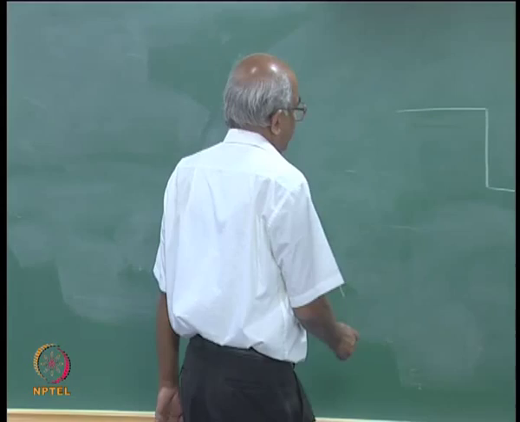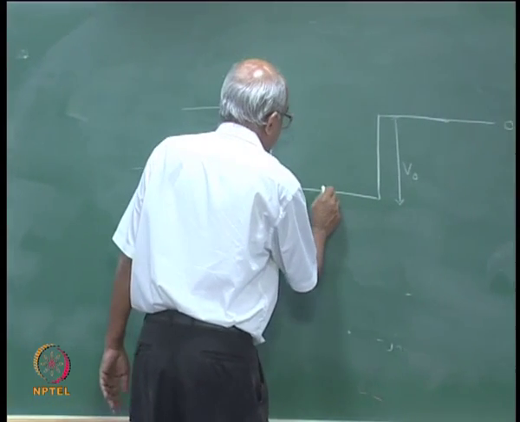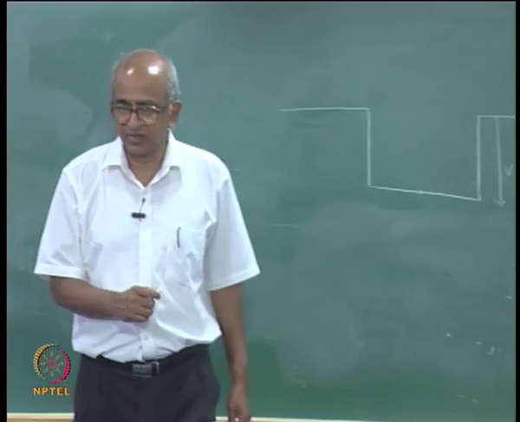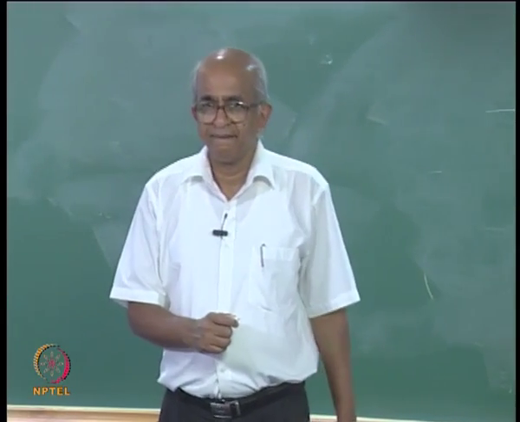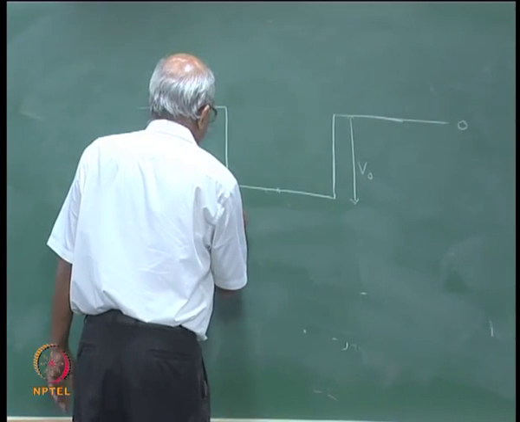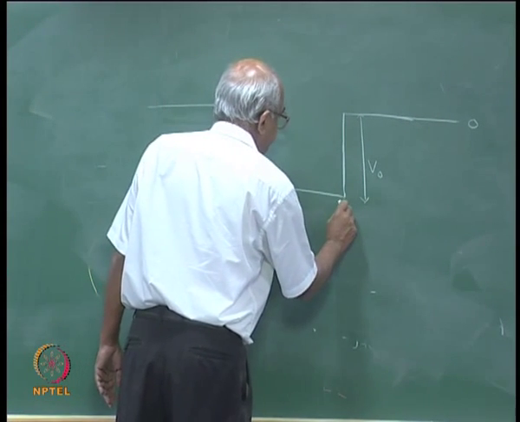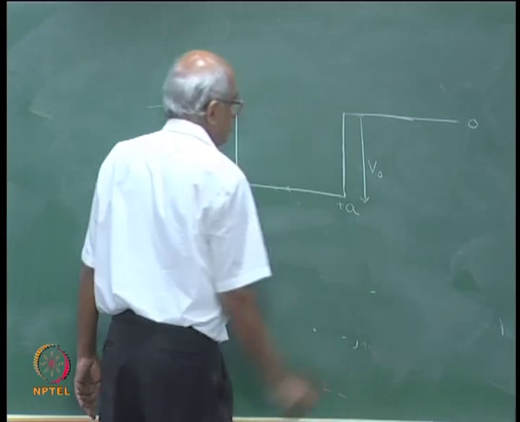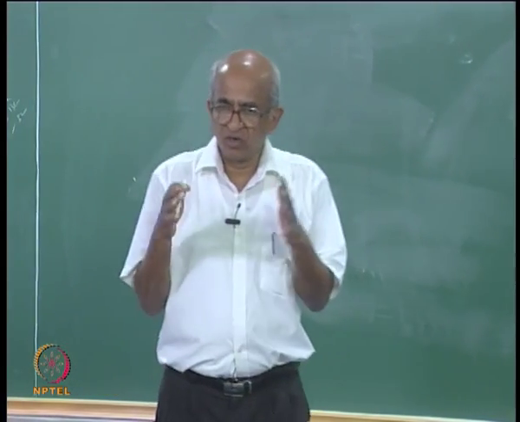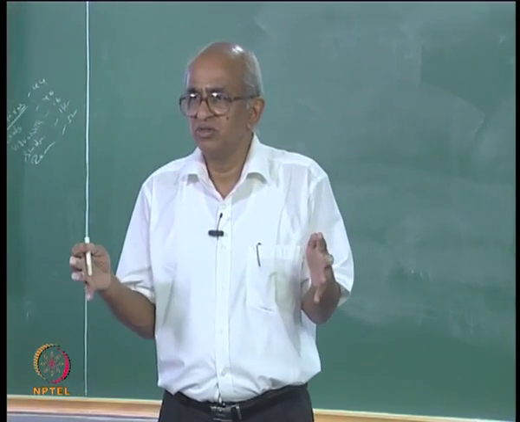And also it is convenient to have my coordinate system in such a fashion that the origin is right at the middle of the box, and the box will extend from minus a to plus a, so that the total length of the box is now 2a.